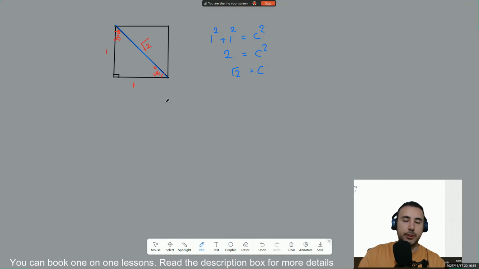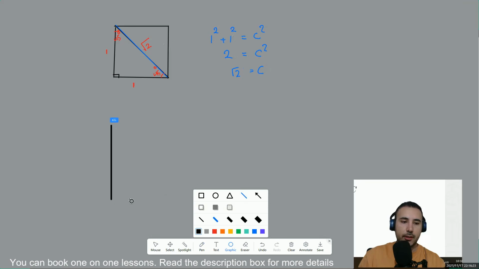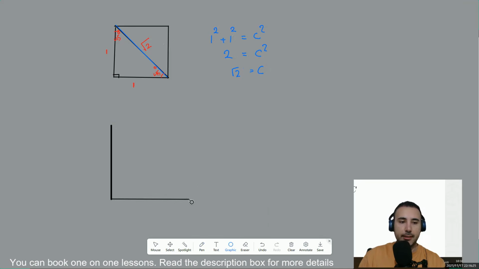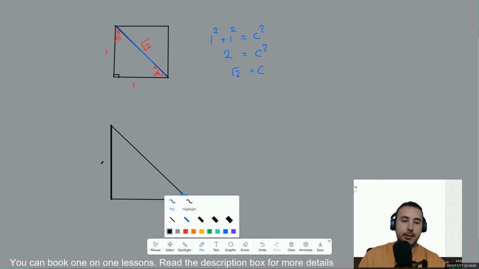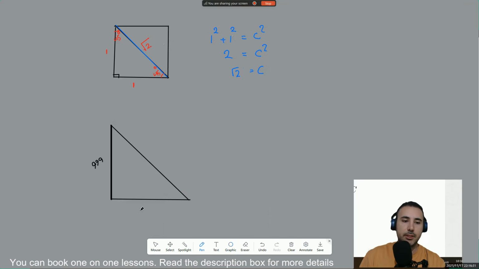Now I have a question for you. What if the sides of the square, or what if the question says this? You're supposed to find this, and this is 999. This is also 999, right? Remember, this is a square.